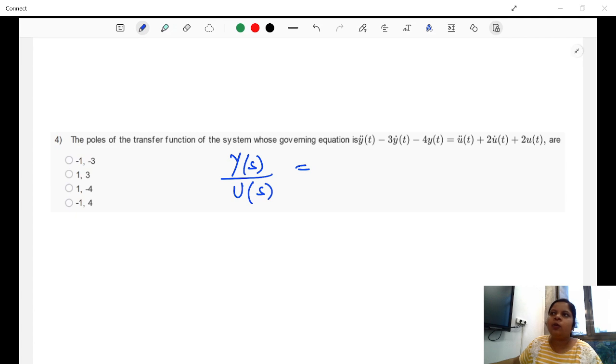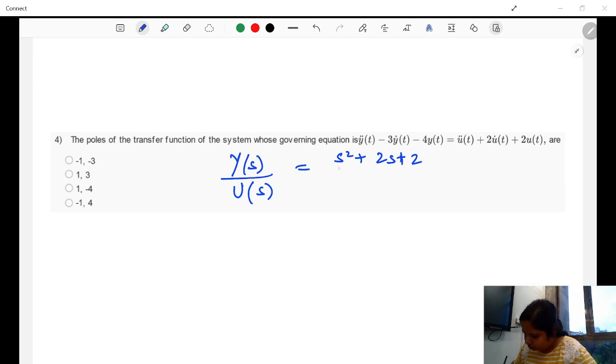Once you have the characteristic equation, if you find the roots of the characteristic equation, you will definitely get the poles of the system. s square plus 2s plus 2 divided by s square minus 3s minus 4. Okay, roots are 4 comma minus 1, madam.